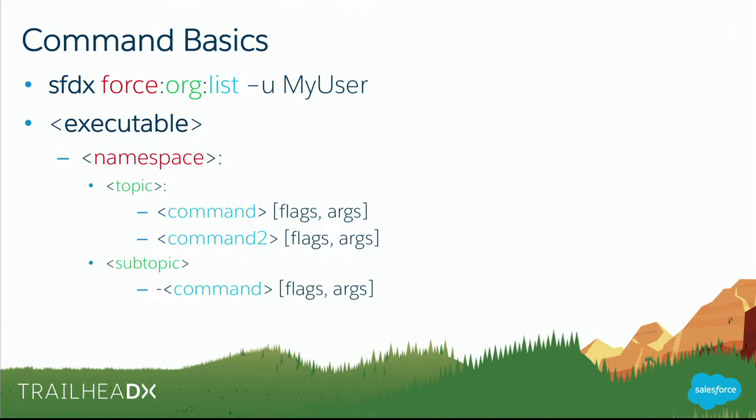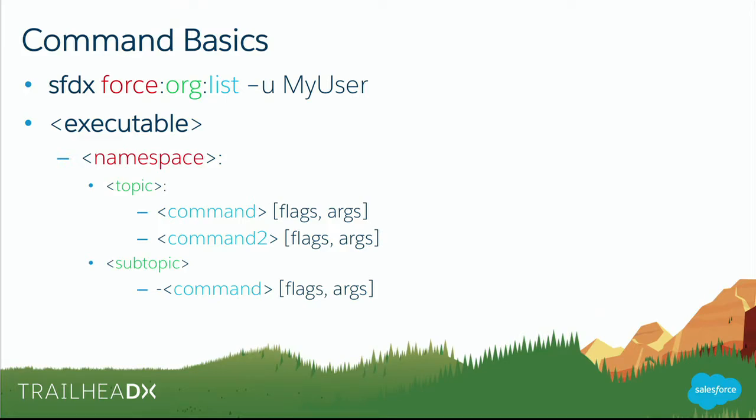If we're going to talk about writing plugins, it all boils down to the command structure. Commands are pretty easy, but I've gone ahead and outlined it for you here, where you have the executable. Again, that's the CLI engine. In our case, you execute that with SFDX. And then next is what we call the namespace.